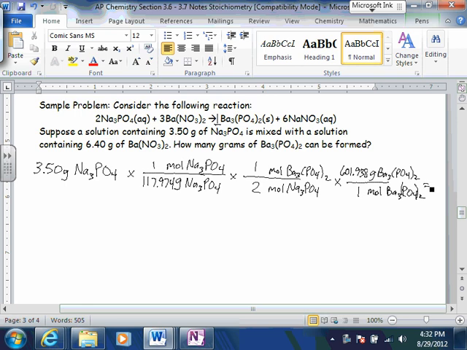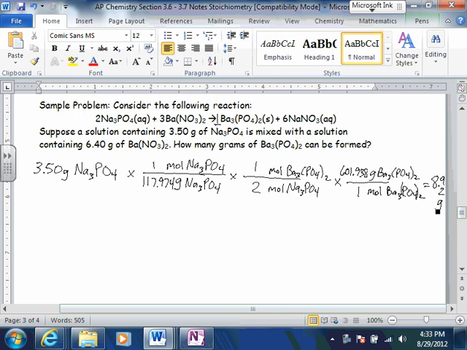Okay, so that's going to give us a mass once we calculate all of this out, of about 8.92 grams. Oops. Sorry, 8.92 grams. That's sloppy. Ran out of room. So there's that one.